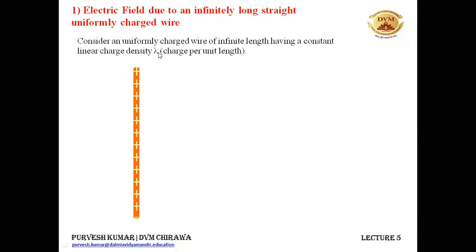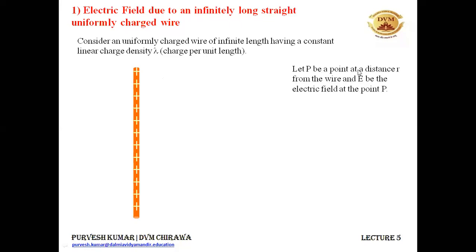This lambda is Q upon L, as I have told you. The linear charge density is Q upon L. So we have a uniformly charged wire, the length of this wire is infinite, and it has a constant linear charge density lambda. Please draw this wire as well as the diagram, otherwise you won't be able to understand it.